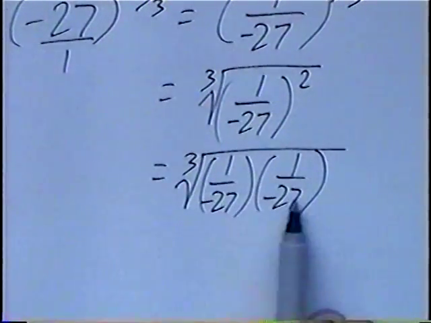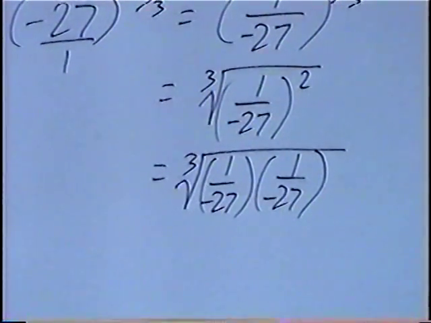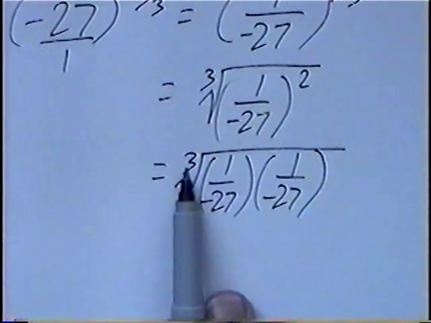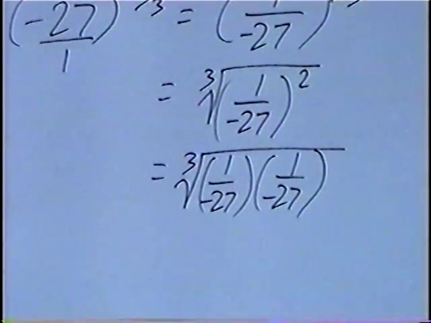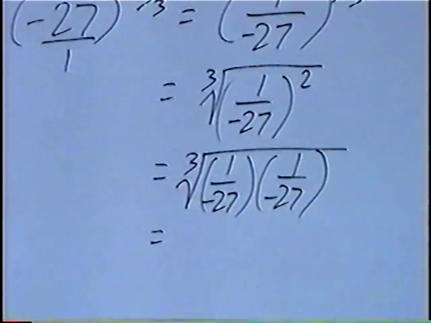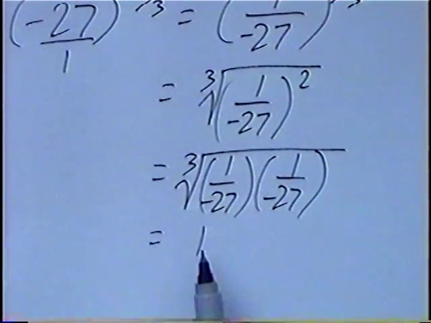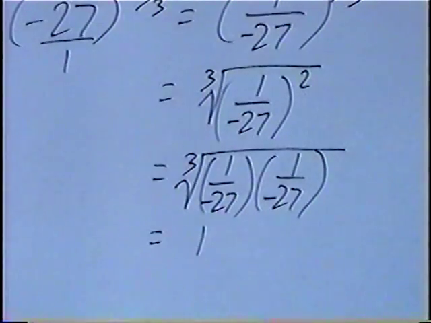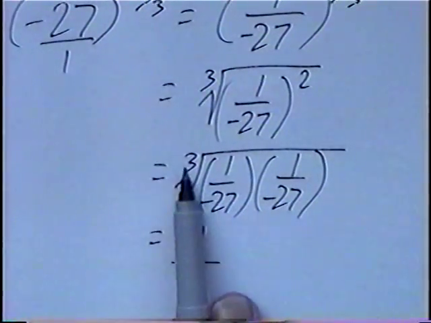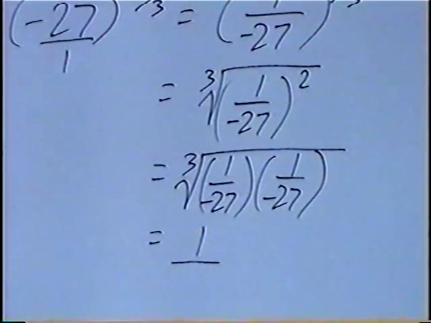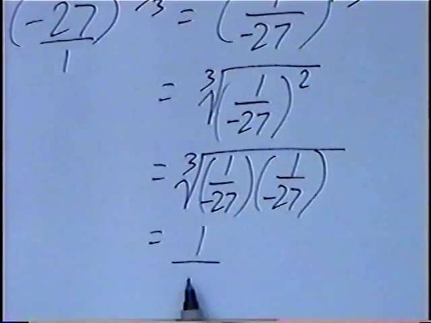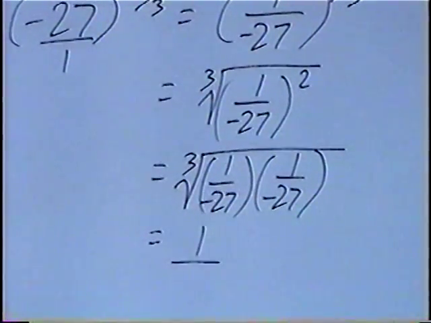And instead of multiplying straight across 27 times 27, we can just take the third root of each number and then multiply at the end. For example, the third root of 1 would be 1, since 1 times itself 3 times is 1. The third root of negative 27, which again would be a number times itself 3 times, that's negative 27.